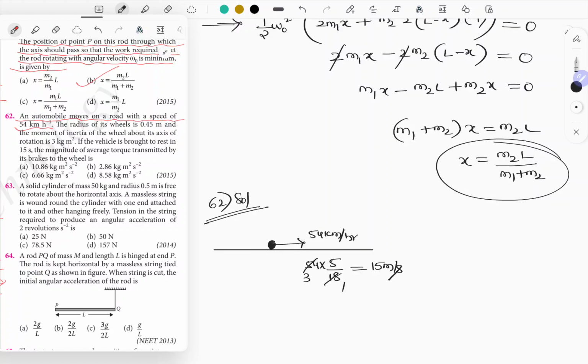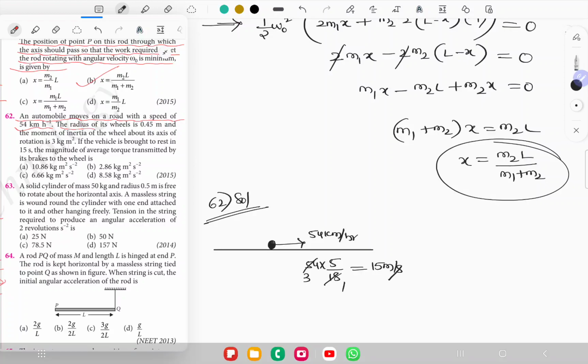Next, the radius of its wheel is 0.45 meter and the moment of inertia of the wheels about its axis is 3 kg meter square. Super.